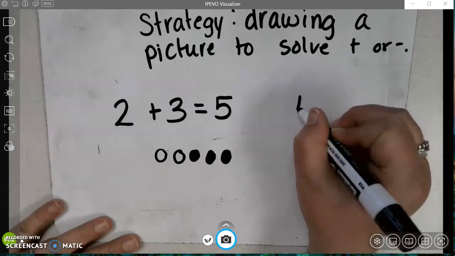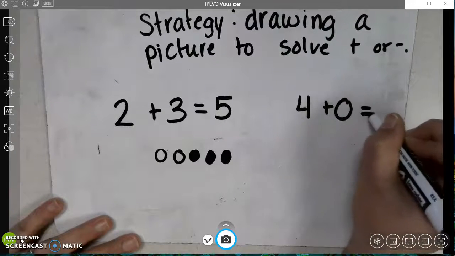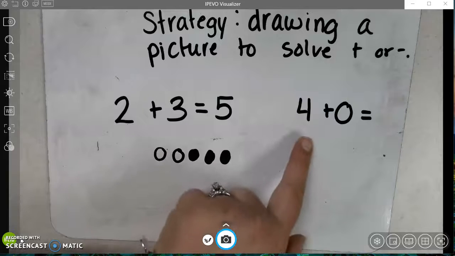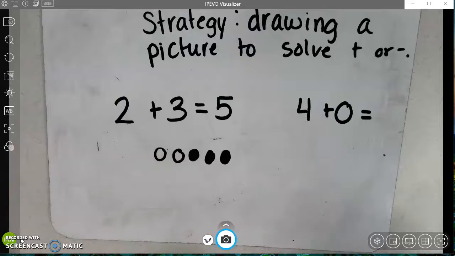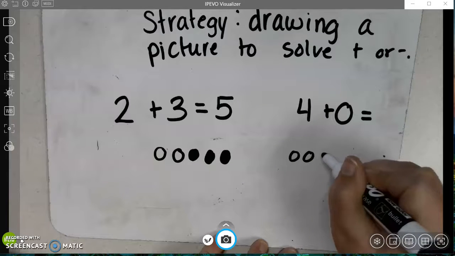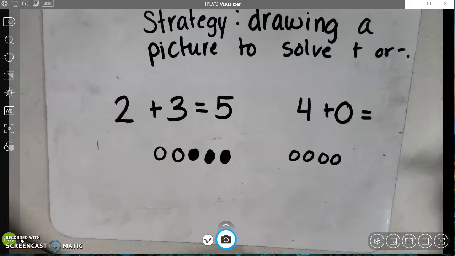Let's do 4 plus 0 equals. All right, I'm looking at my first number, and I'm going to draw that many circles. 1, 2, 3, 4. What is my second number? My second number is 0.